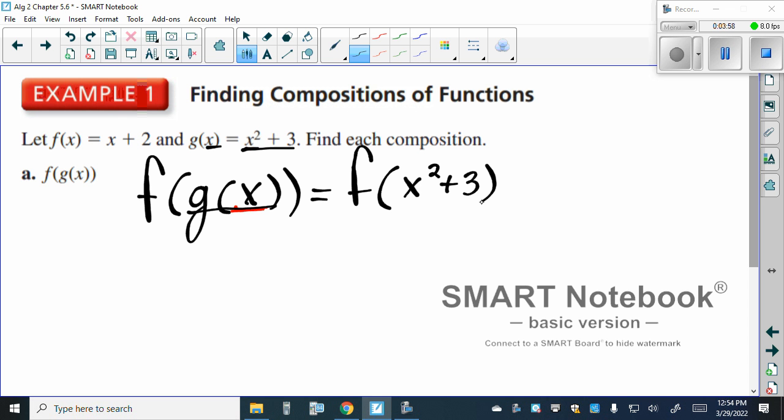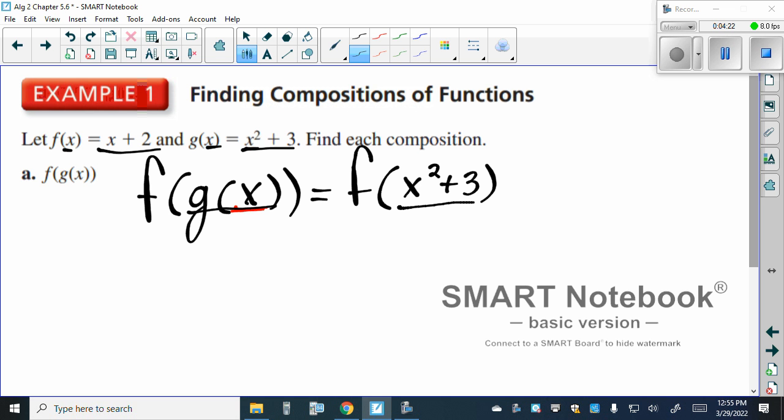Any questions on this so far? Now, what is our function f of x? x plus 2, yes? Well, what we're simplifying and finding, do I have f of x anymore? Well, no. Over here I have f of x squared plus 3, yes? I replaced x with x squared plus 3.